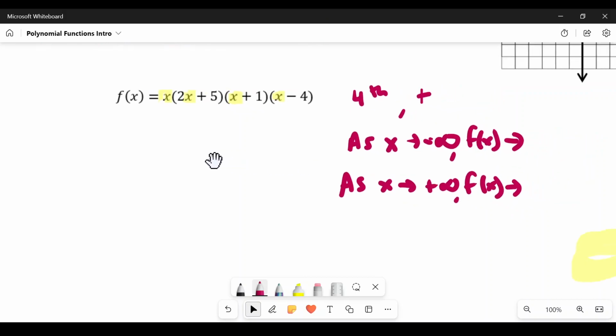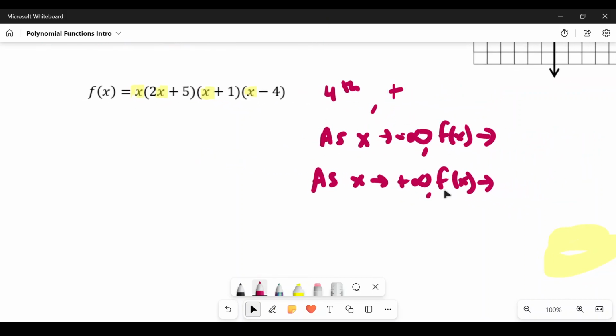Because I have a positive leading coefficient, I know that the right side of the graph will be positive infinity. And because I have an even degree, I know that the two sides agree. So both sides of this function are going to go up.